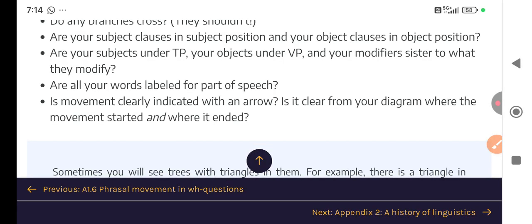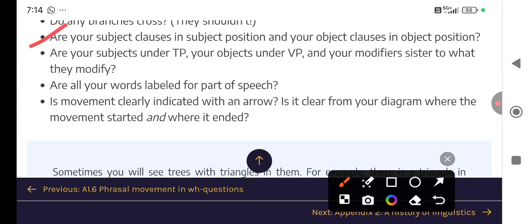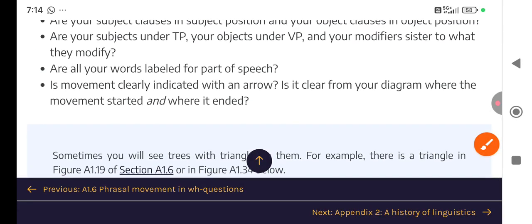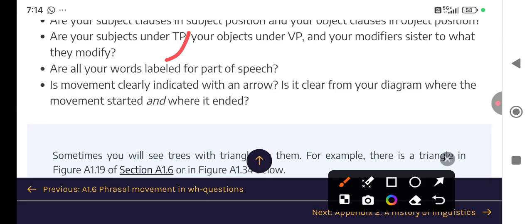Are your subject clauses in the subject position? Important: subject clause in a subject position and your object clause in an object position. We have to check. Then, is your subject under the tense phrase and your object under the verb phrase? Which is very important. Subject is the doer, so that's the tense phrase.